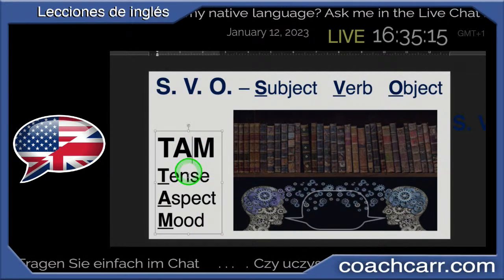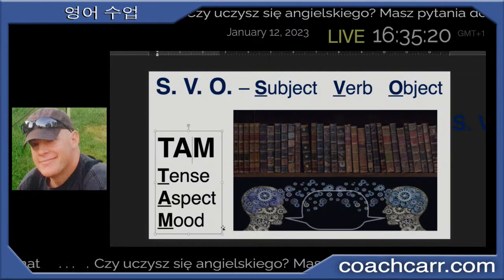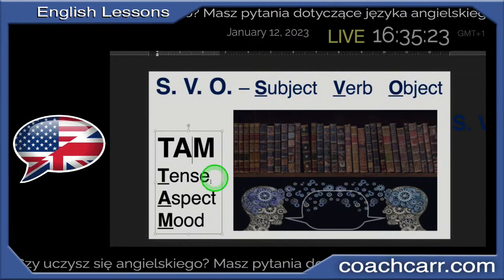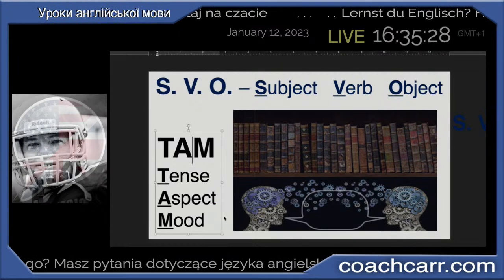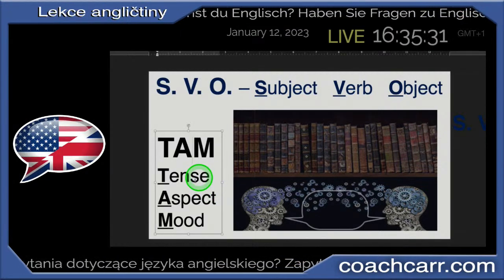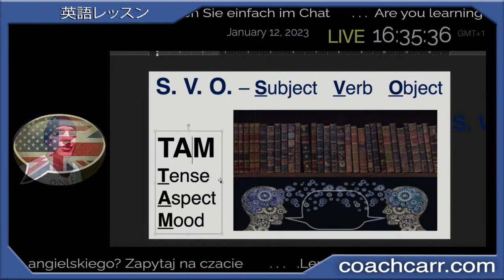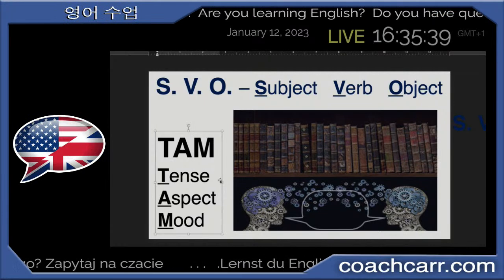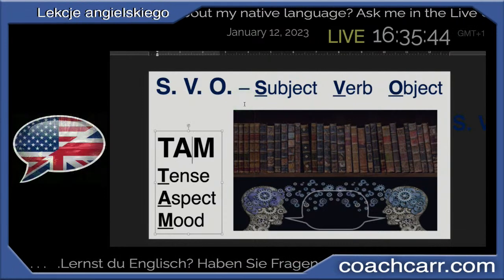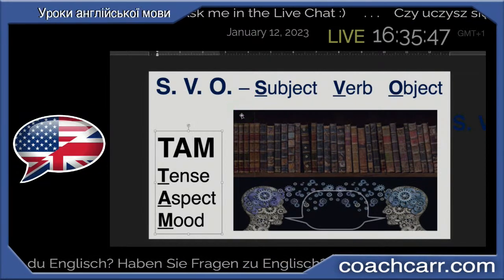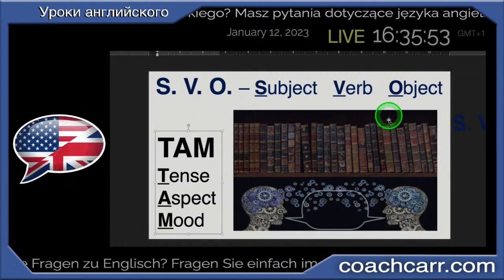And being able to separate these, which is not always done in English lessons, is one way to help you understand all of the tenses, all of the different times, grammatical tenses, grammatical times in English. And today, in talking about sentence structure, we're going to look at subject, verb, object.